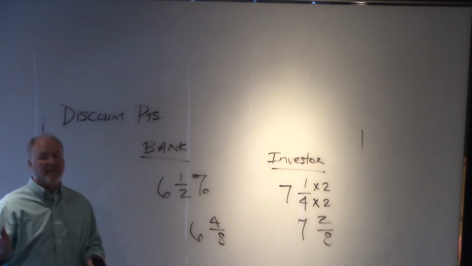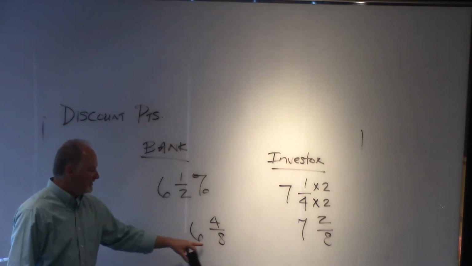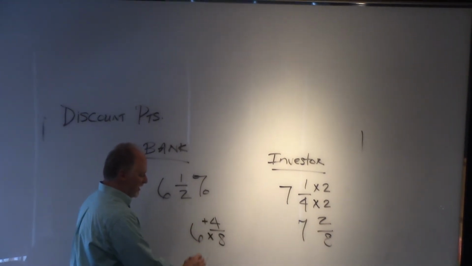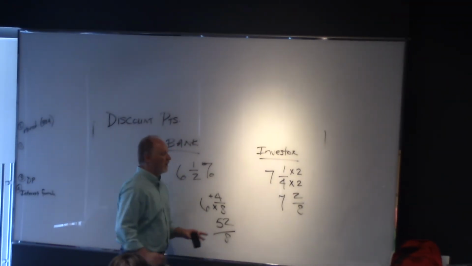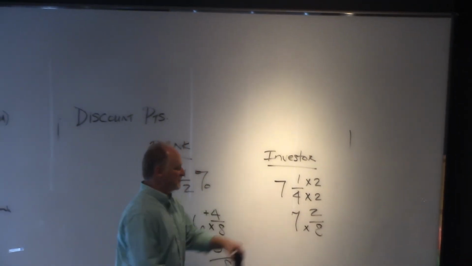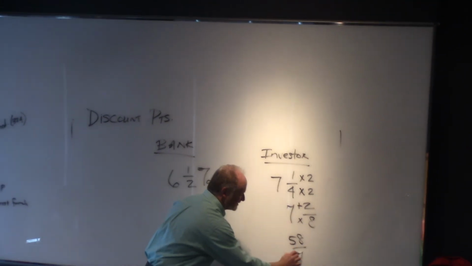Now, are we at the same place on this problem that we were on the last problem? Okay? 8 times 6 is 48, plus 4 is 52. Am I correct? 8 times 7 is 56, plus 2 is 58, technically 58 eighths.